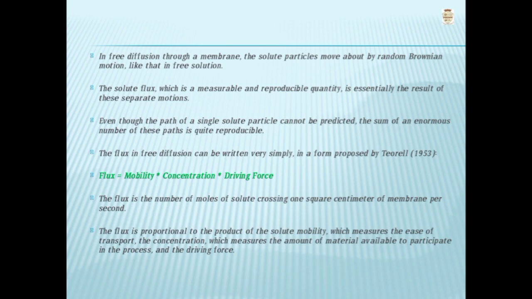The flux is the number of moles of solute crossing 1 square centimeter of membrane per second. From the equation, it is evident that flux is proportional to the product of the solute mobility, which measures the ease of transport, the concentration, which measures the amount of material available to participate in the process, and the driving force.